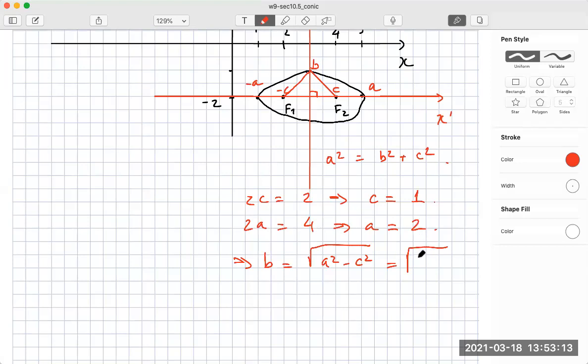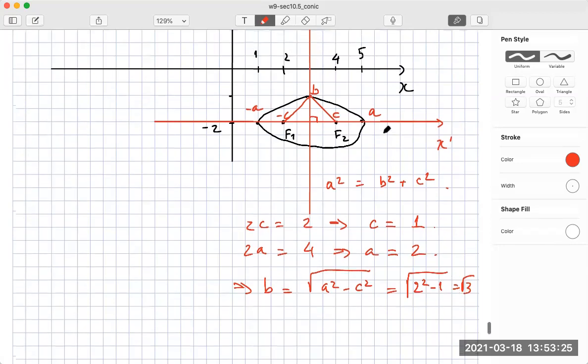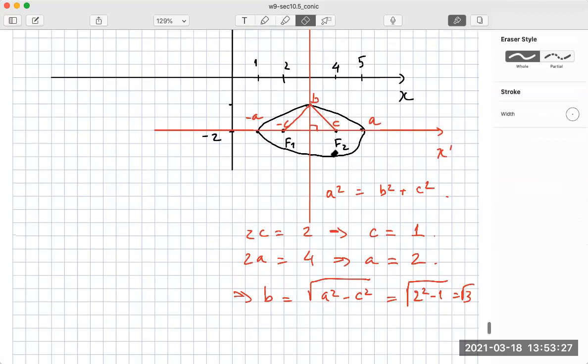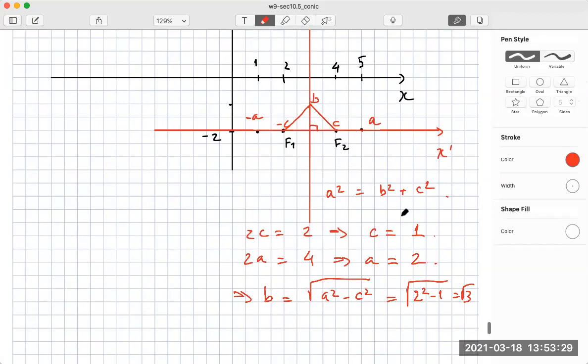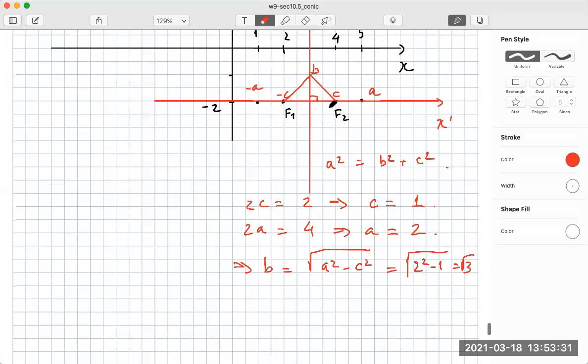Yes, 4 minus 1 is 3. Very good. So we know that b squared is 3, b is square root of 3. It means that square root of 3 is 1.7 something.